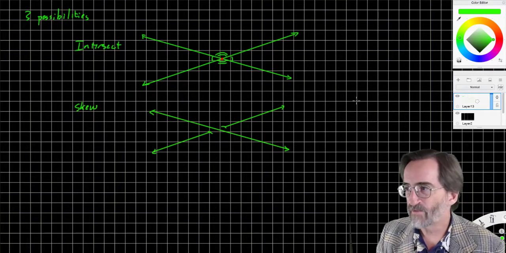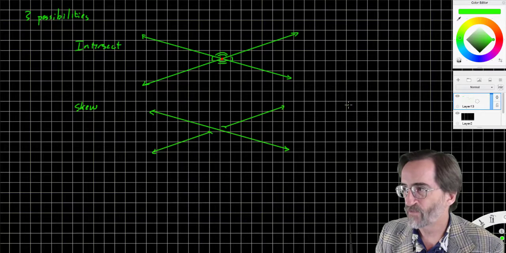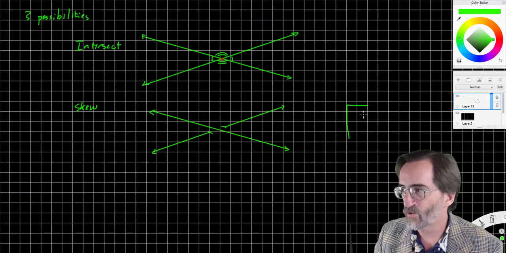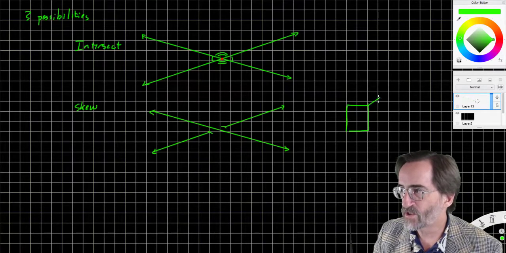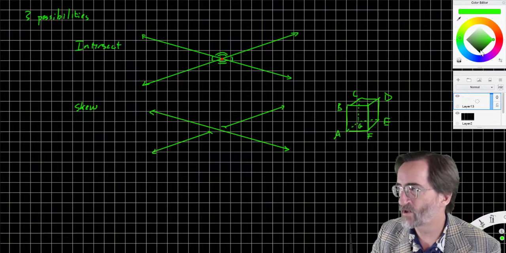Now, the way they demonstrate this in your lesson and on quizzes and tests is they draw what's called a wireframe. So they draw some 3D shape, and typically the hidden lines will be dotted. And we have vertices A, B, C, D, E, and F, and then G back here.